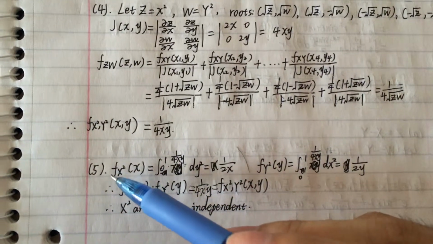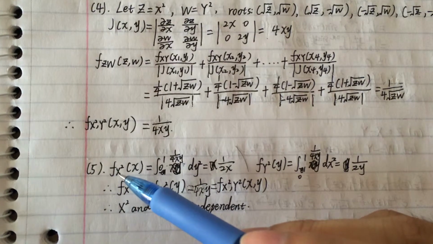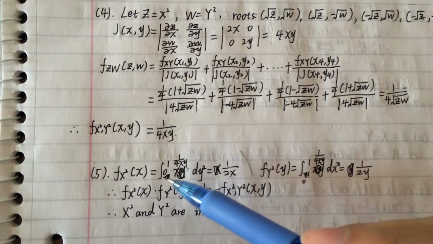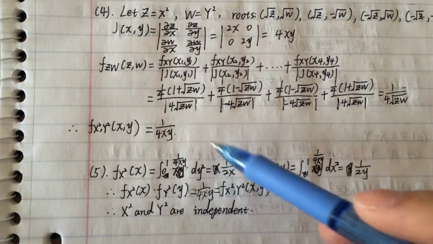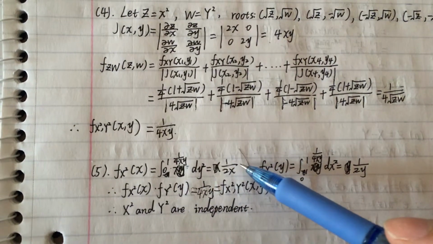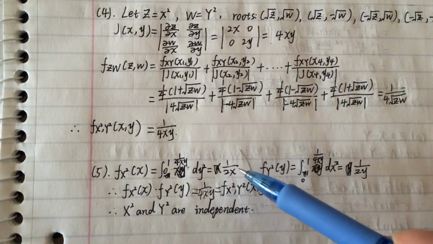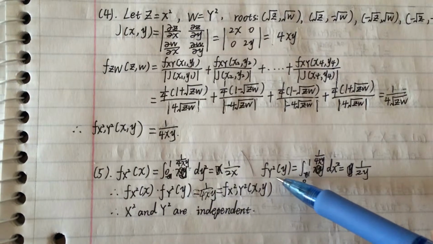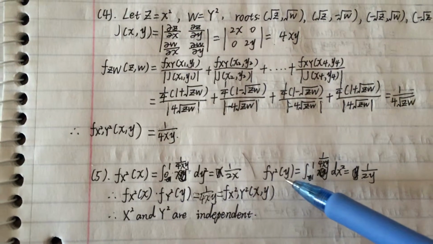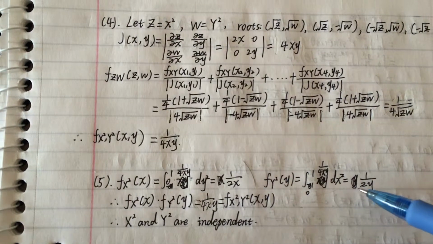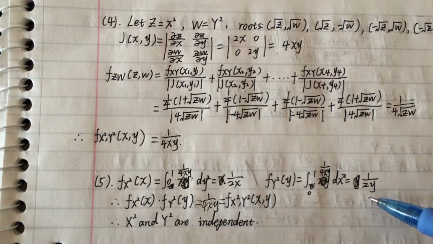So the density function of x squared equals the integral of the joint density function. We can get this 1 over 2 times x, and in the same way the density function of y squared equals 1 over 2y.